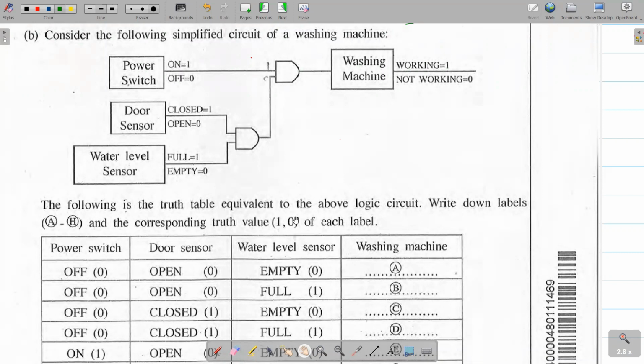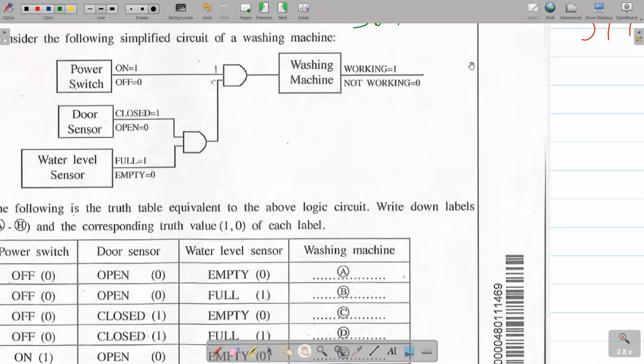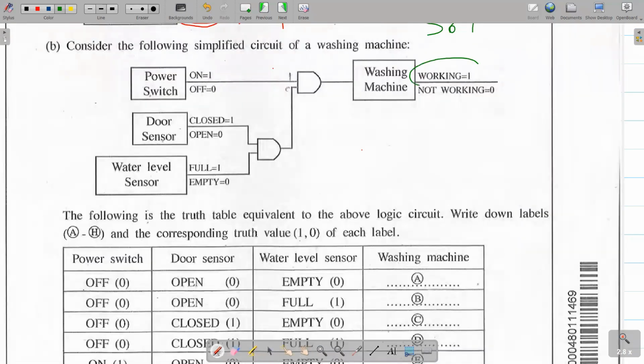So for the washing machine to work, this place needs a 1. If that needs to have a 1, this is 1 as well as this needs to be 1 as well.